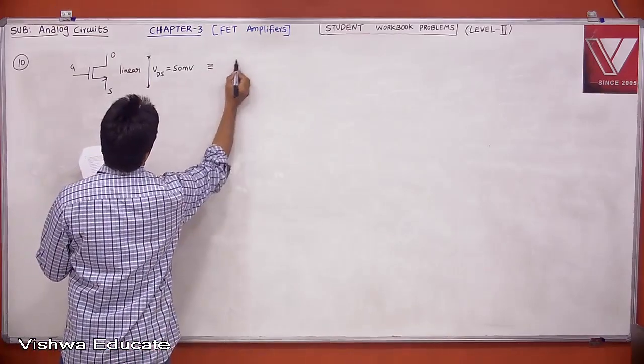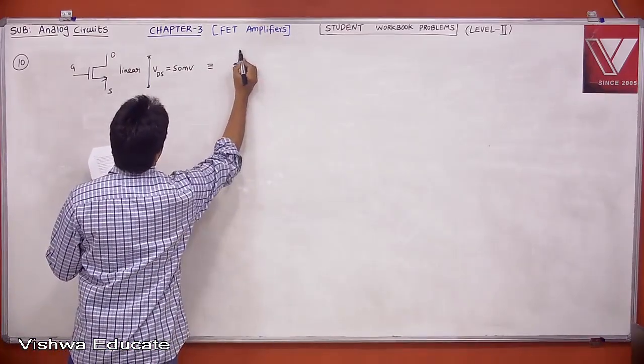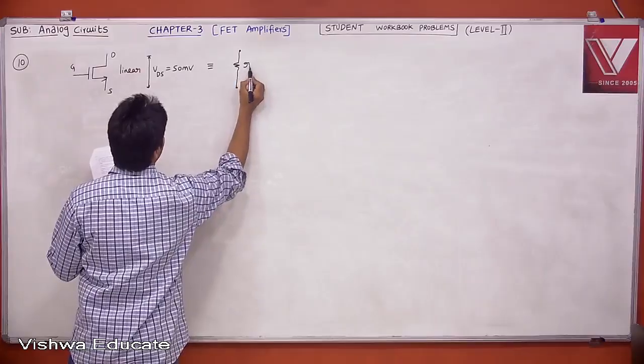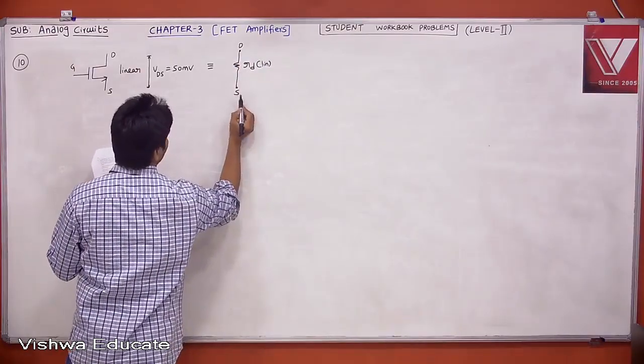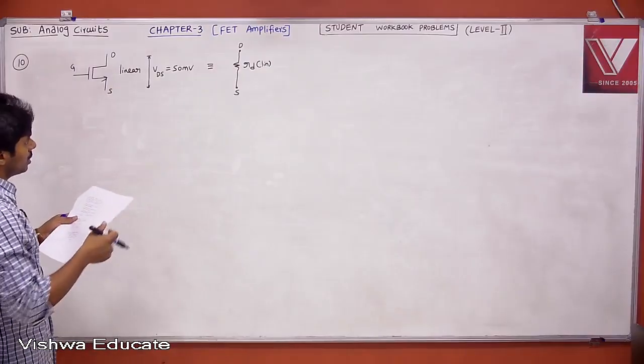Yes, this can be represented as a resistance, RD linear, between drain and source. That is known to us. If the transistor is in linear region, that is nothing but a resistor.